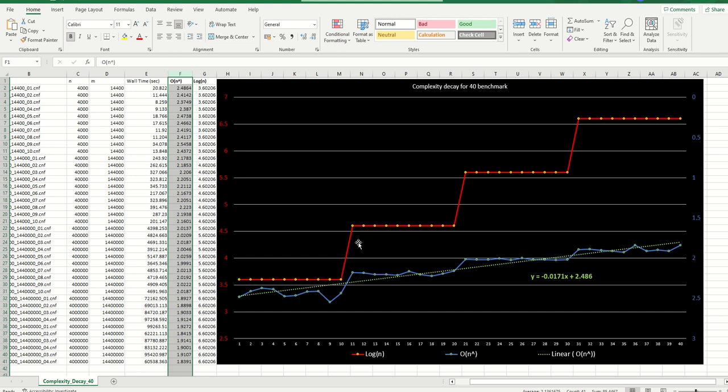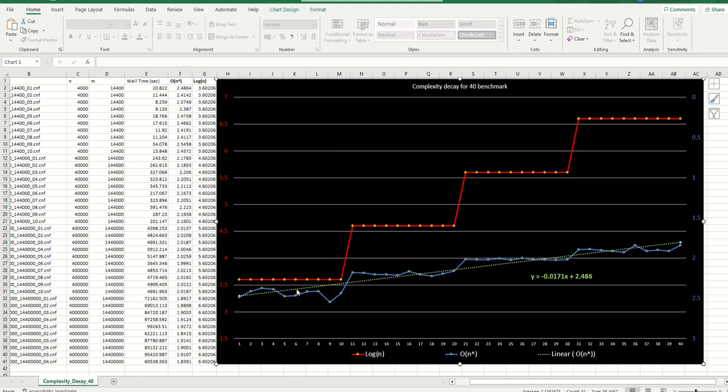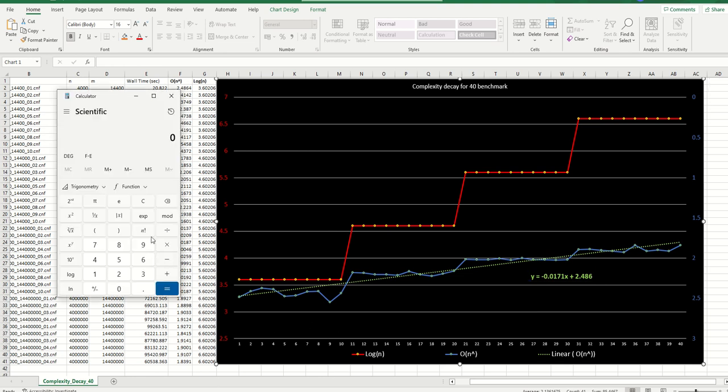So this is batch A, batch B, batch C, and batch D. And the trend slope, the linear trend slope, will help us figure out when this linear run will happen eventually.